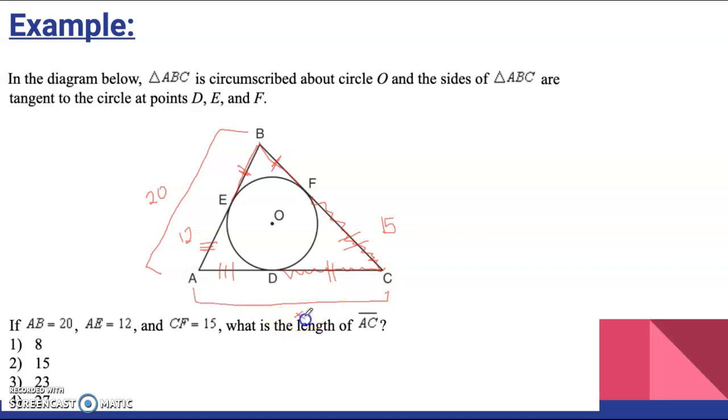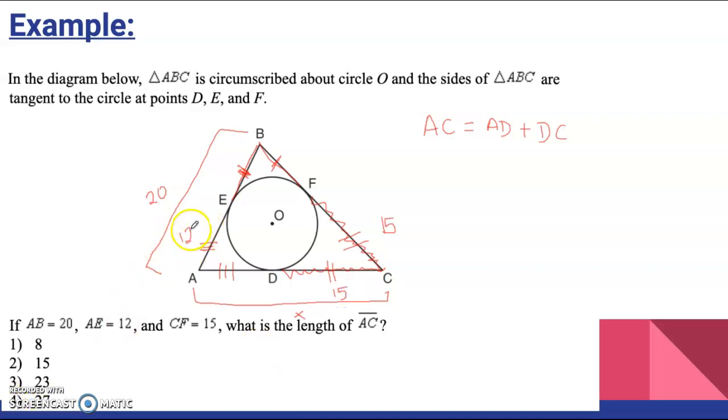Now, the question is asking you for the length of AC, so you need to find the entire thing. So when you look at this, AC is equal to AD plus DC. We don't have any of those. We need to figure it out. Look at our markings. We don't know anything at the top here, but remember, the two squiggly lines are congruent. So if that's 15, that makes this 15.